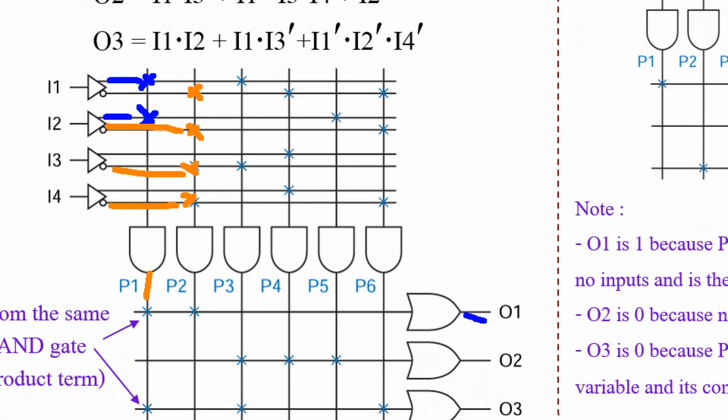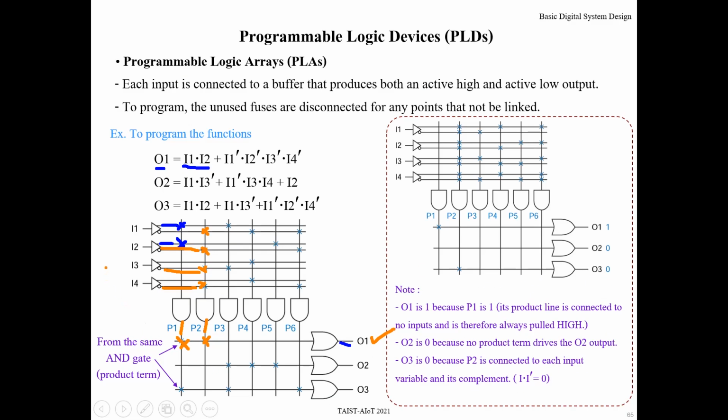So these product terms go together. Then we connect this point and this point, and for the other points, we disconnect them. So now output O1 will follow this function.